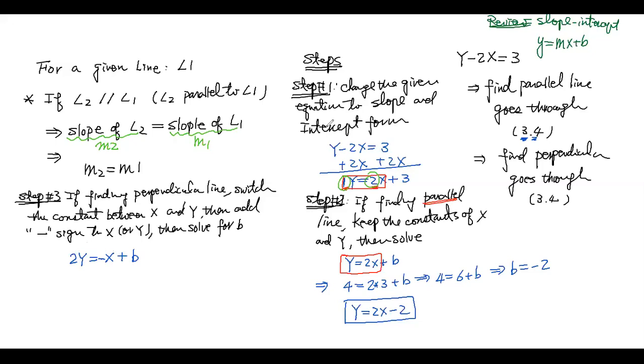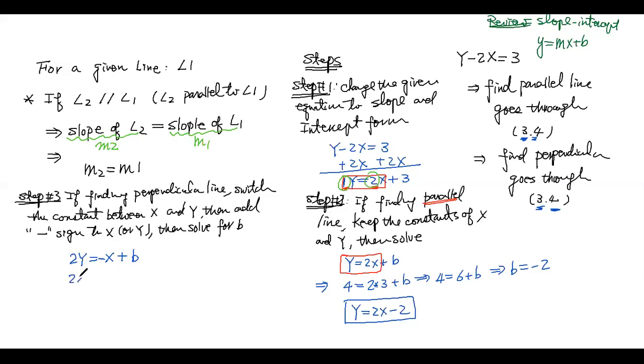Now you substitute 3 and 4 here and solve for b. The first thing you can do is divide by 2 if you want, or you can do that later. It does not matter. To keep it simple, let's just divide at the last step.